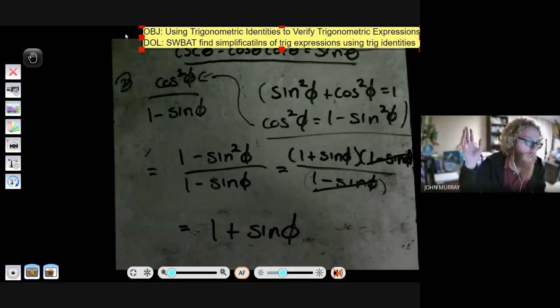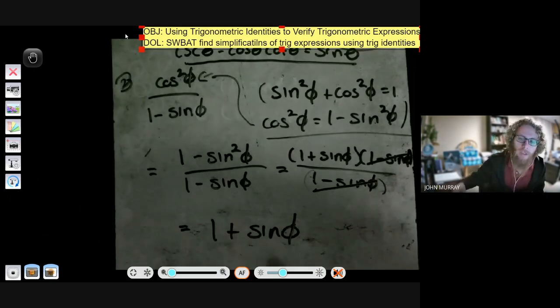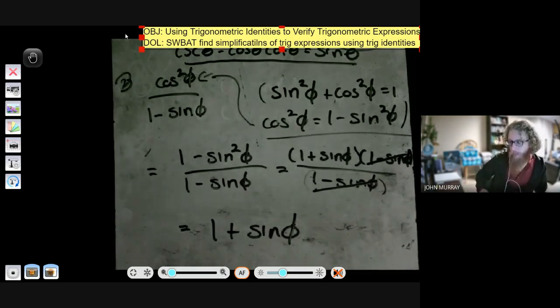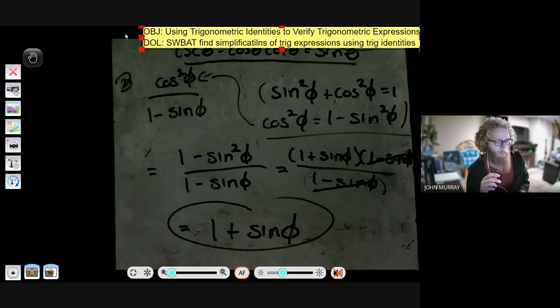So if you want to type it in just using x's, 1 plus sine of x, that's fine. Or I know some of you like to email me your work, so that's okay as well. All right, so your final answer for the second one was 1 plus sine. Any questions?